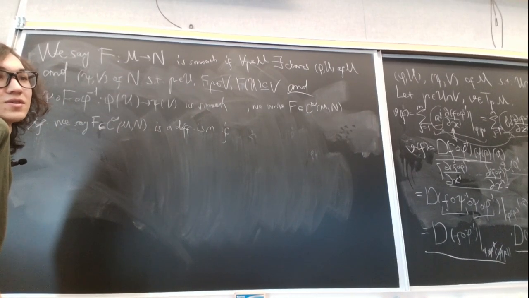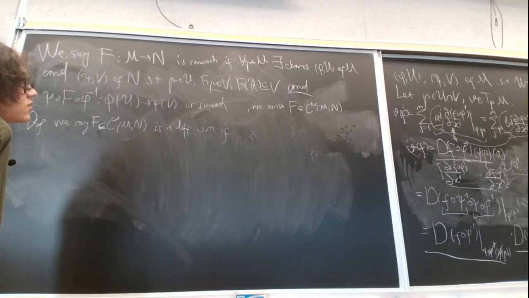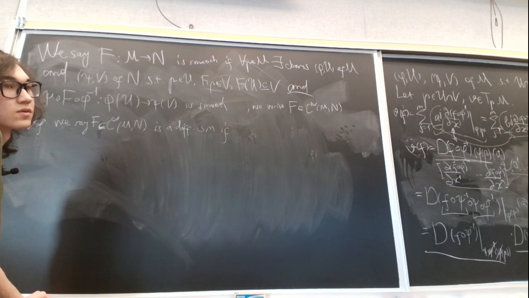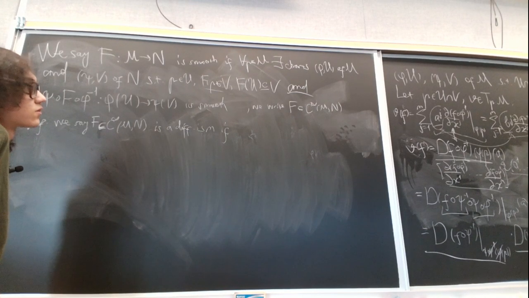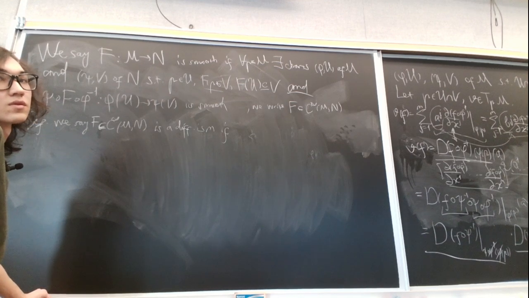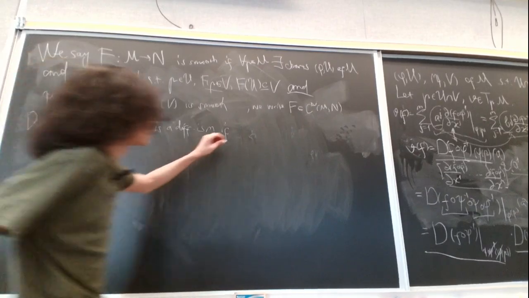You have a function from M to N which just maps points to points. We say it's smooth if you take a chart from psi and a chart from phi, then that composition is smooth for any chart. But the function exists independently. Oh, that's it. It's a diffeomorphism if you can take the inverse of that, and the inverse is also smooth. Yeah, exactly.